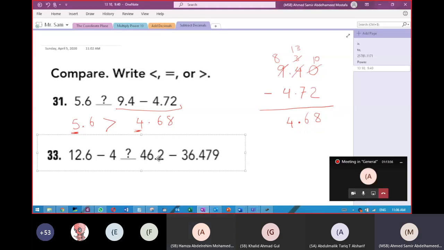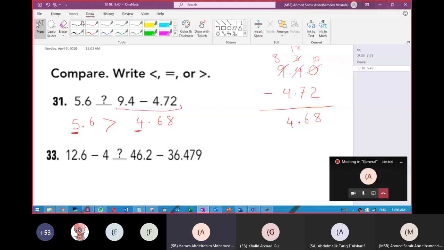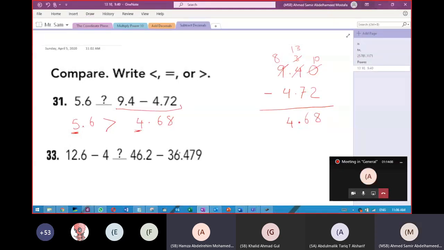So how can we do this, Hamza? We align them and then subtract them and then we compare them. All right, very good. We start with 12.6 minus 4.